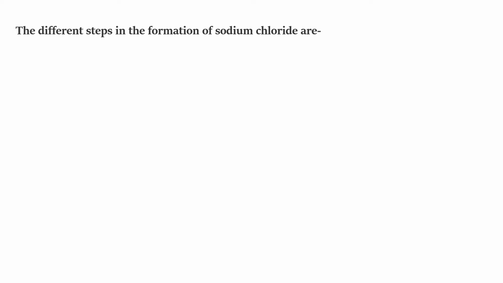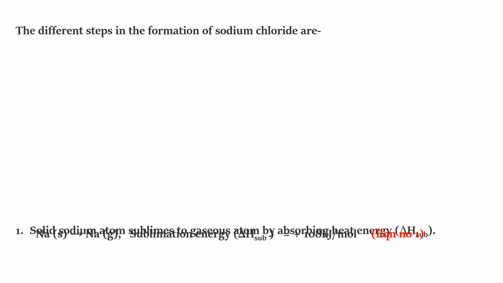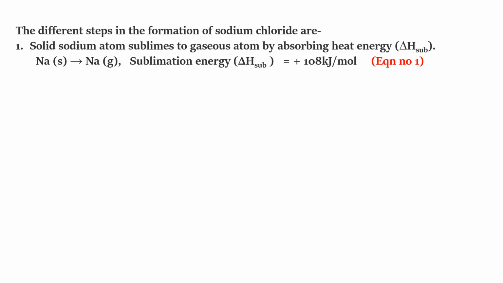The different steps associated with the formation of sodium chloride could be listed out as follows. The first step is the sodium atom, which is in the solid state, is converted to the gaseous state by sublimation. So a solid is directly converted to a gaseous state, and the process is called sublimation.